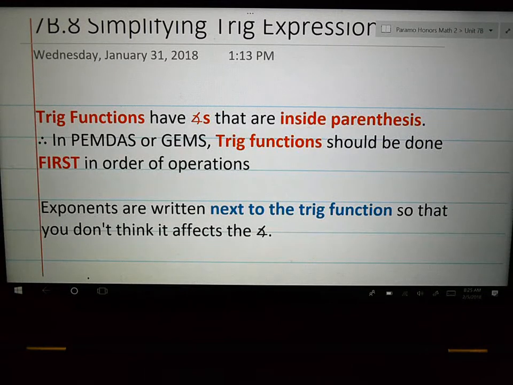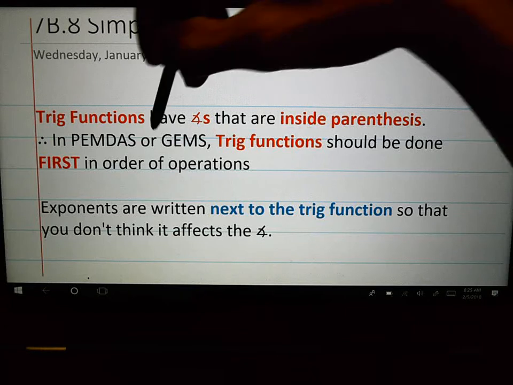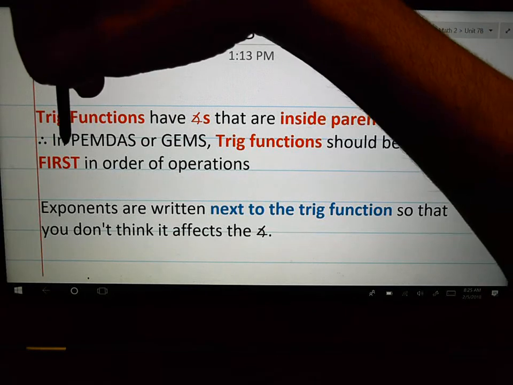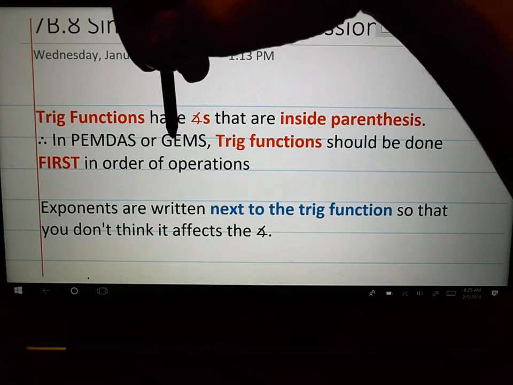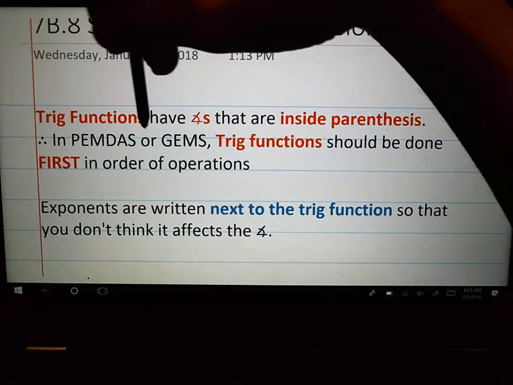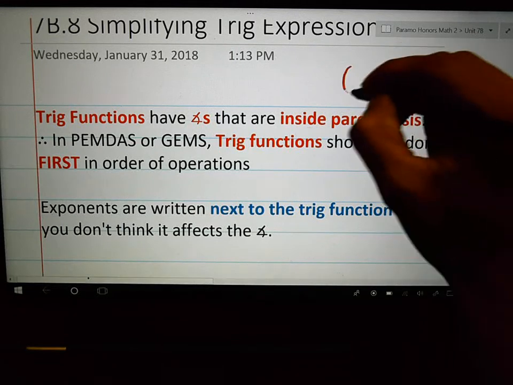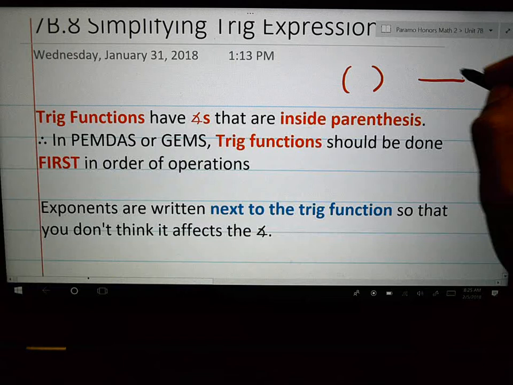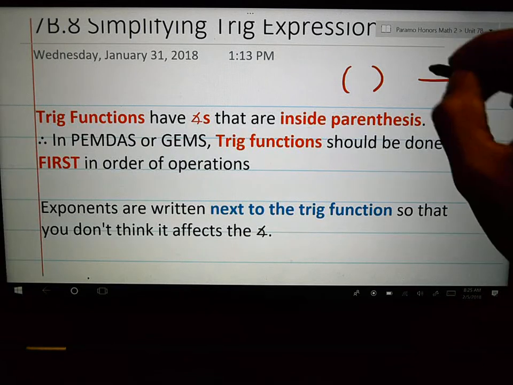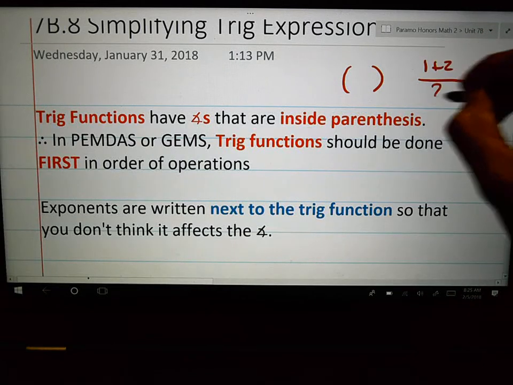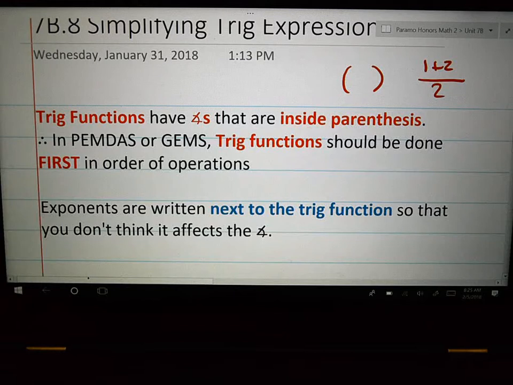Okay. For those of you who've never seen GEMS before, G stands for groups. P is parentheses. G is groups. The reason why people like groups, there's certain math teachers who like that, is because then you're going to think of a group not just as parentheses, but you might think of it as a group that's above a division sign or something like that.